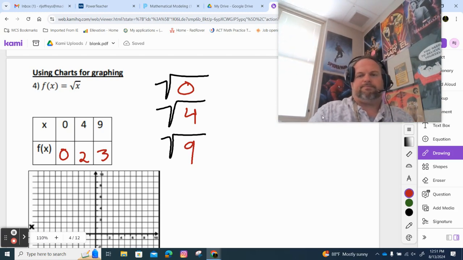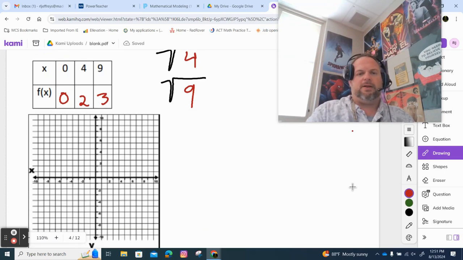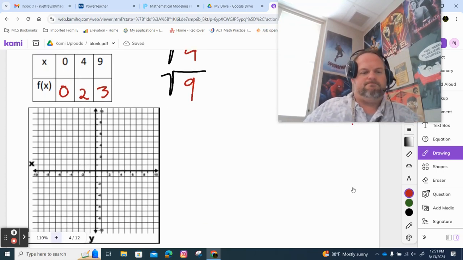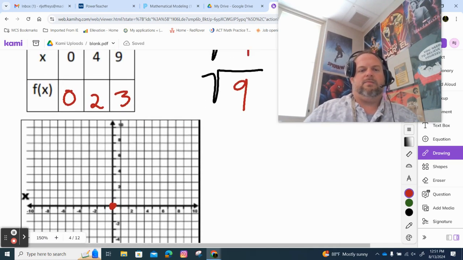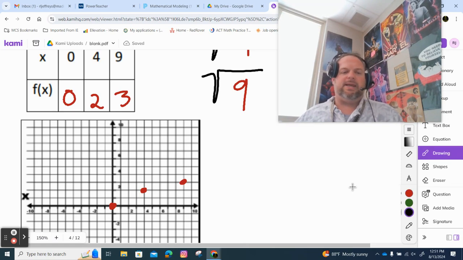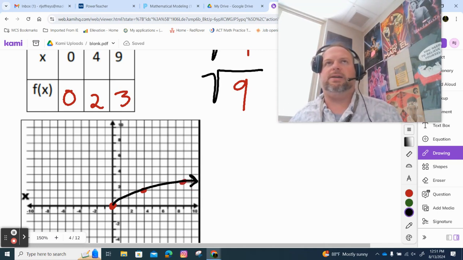Now, go plot them. 0, 0. Over 4 up 2. Over 9 up 3. Now, when we connect this one, it's kind of like an arc.